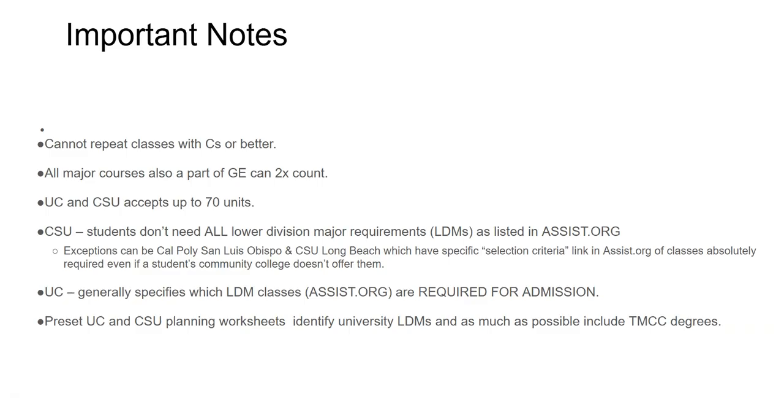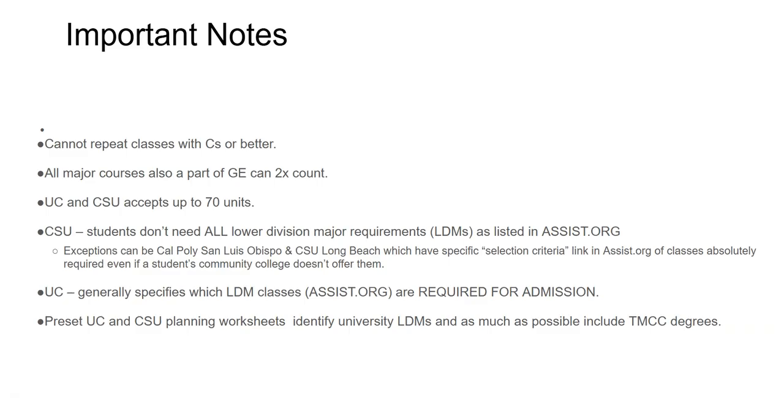The UCs and CSUs, again, accept up to 70 units. With the California State University system, students don't need all of the lower division major requirements as listed in assist.org. They're a little more flexible with that. So in some of those cases, we would just do what we can and then make sure our students get degrees from TMCC.